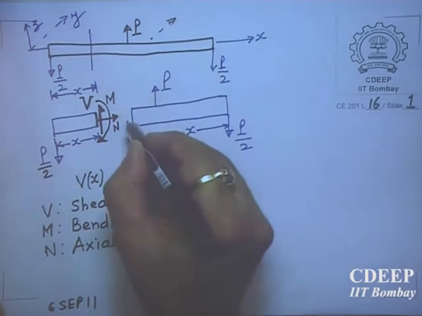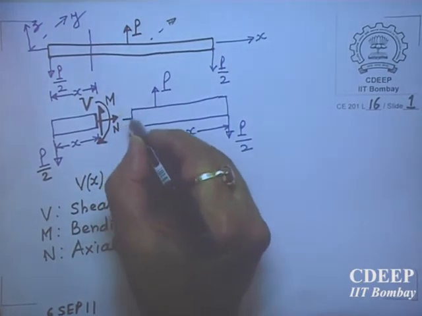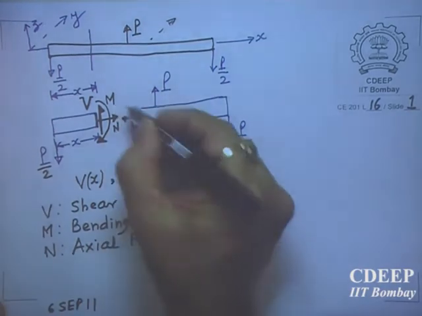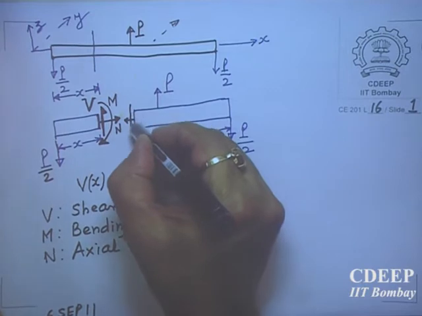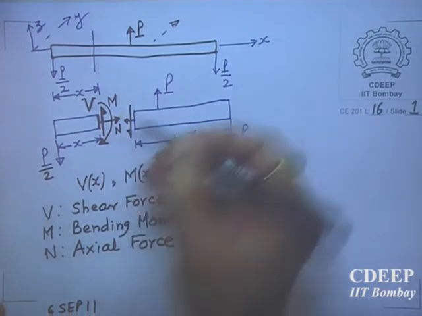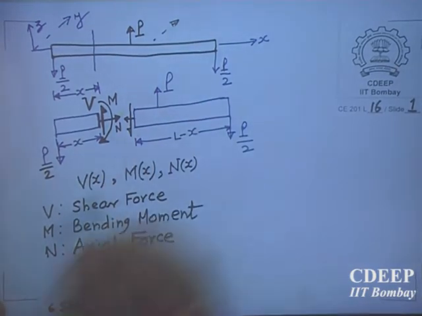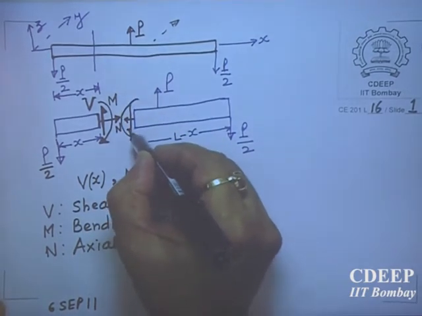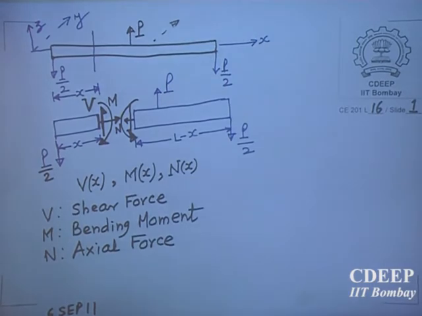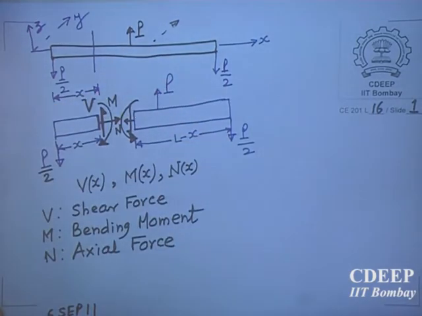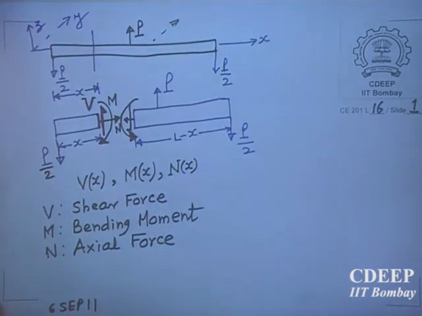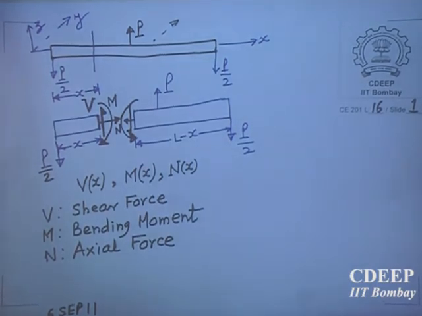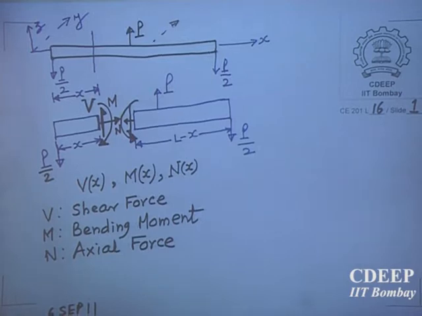So on a negative x face, what will be the direction of N? N will be equal and opposite like this. What will be the shear force here on a negative x face? It should be downward like this. What should be the direction of moment? It should be like this. So if you have fixed the directions on a positive face, then on a negative face they will be equal and opposite as per Newton's third law.